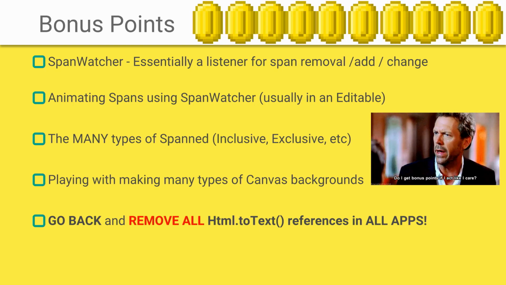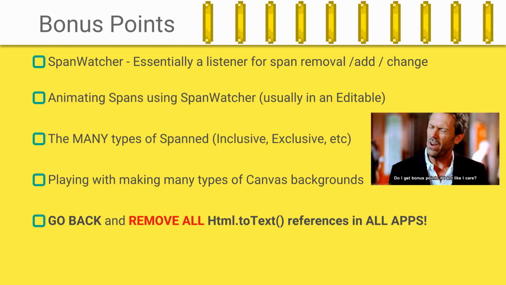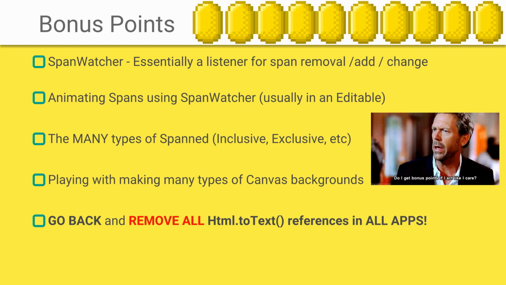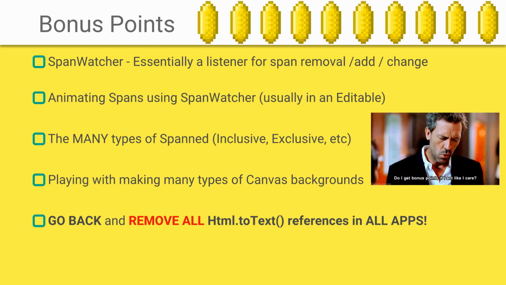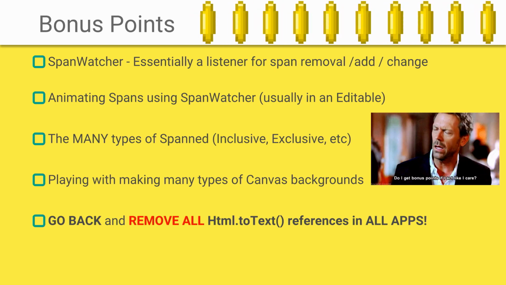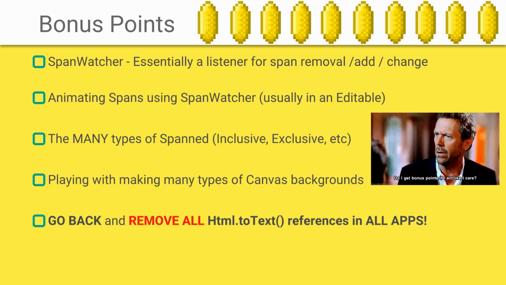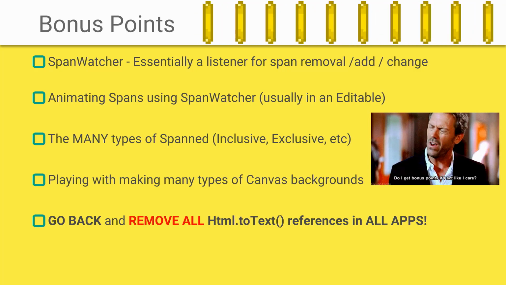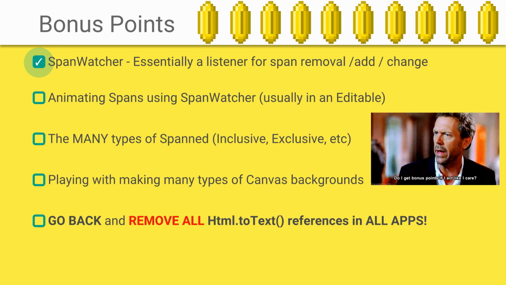But bonus points, things that you can do using some of the tools that we went through here in order to go forward and make something even cooler and amazing and make people go, oh my God, that was actually impossible. So you can use Span Watcher.